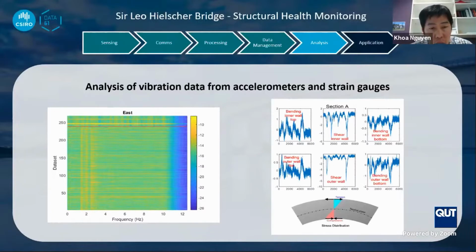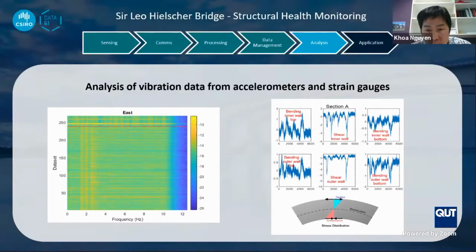Here we use frequency domain decomposition, and the top dominant frequency is less than 4 Hz, which is well matched with some of the dominant frequencies we surveyed in similar long span box girder bridges in other areas.